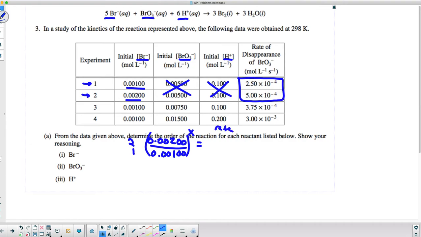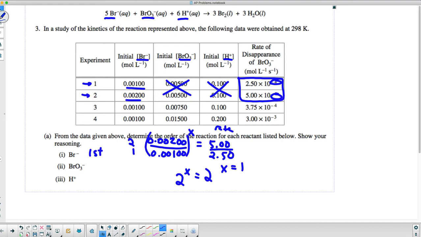So for the rate over here, I get 5.0, and if these two are at the same exponent, then I don't have to even put the times 10, because it would work no matter what. So for here, then, I get 2 to the x, because 0.002 divided by 0.001 is 2, equals, and then 5 divided by 2.5 is again 2. So x equals 1. So here I have first order.